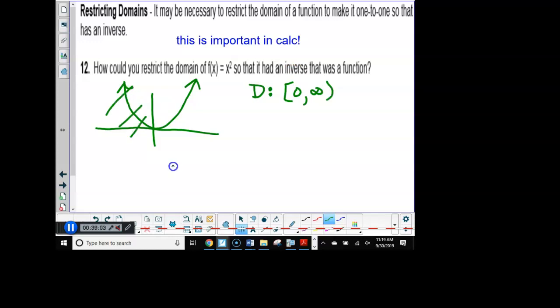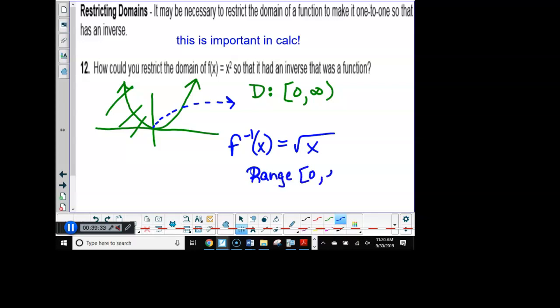We could also cut off the other half if we wanted. Okay. So then when you reflect it, it's going to look like this, and it'll be a square root graph. The inverse function would be the square root of x, okay? Where the range now will be 0 to infinity. The domain is also 0 to infinity.